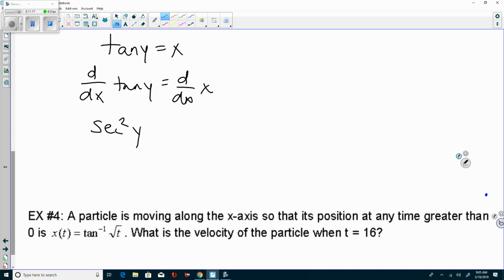Remember, anytime you have a y, you have to derive that, which is dy dx. The derivative of x is just 1. So dy dx equals 1 over secant squared y.